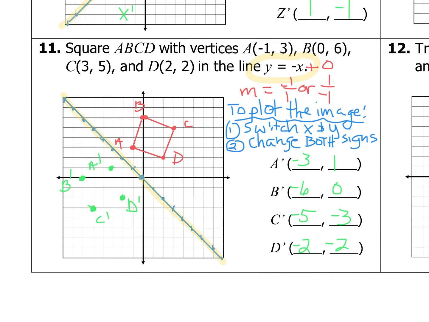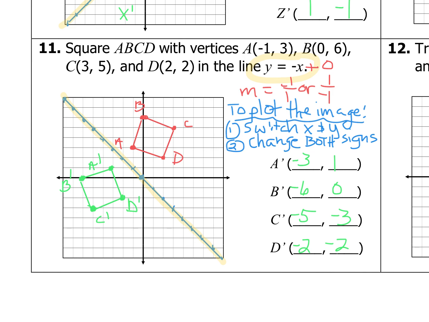That was terrible. Do it again. Okay. And as you can see, the shape has not changed, and it definitely is reflected. If you don't believe me, fold your paper along that line, and you can see that this exactly overlaps that.